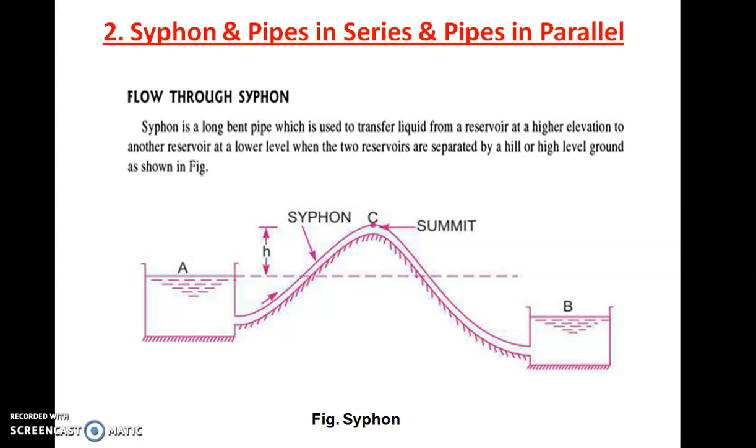That's why in that case we have to use the long pipes, and as the pipes are longer, hence the major loss also you have to consider during that pipe. Many times the minor losses are neglected because the length of the pipe is very large. Now let us see the working of siphon.